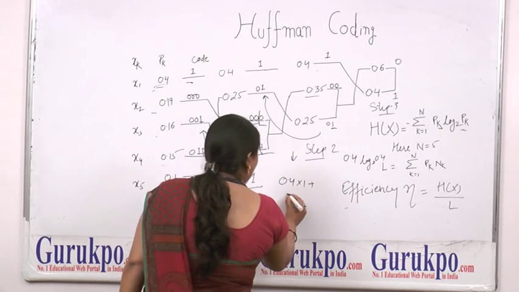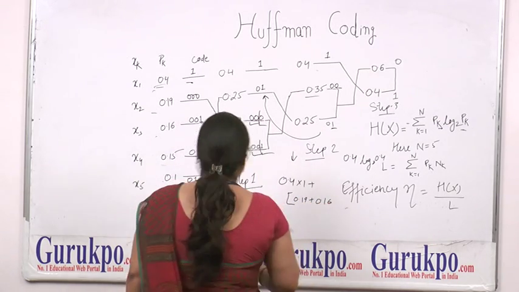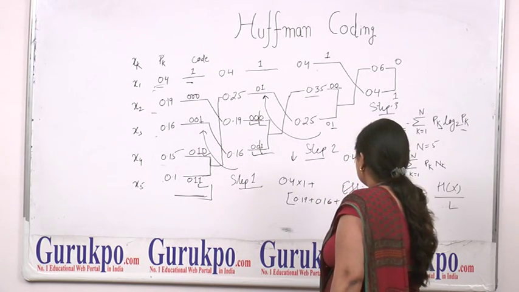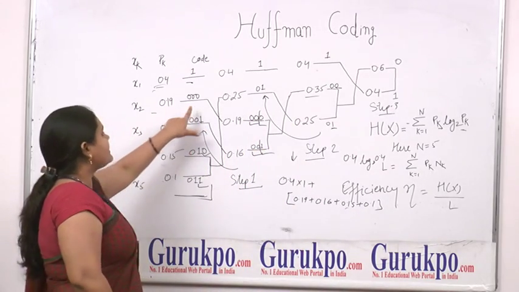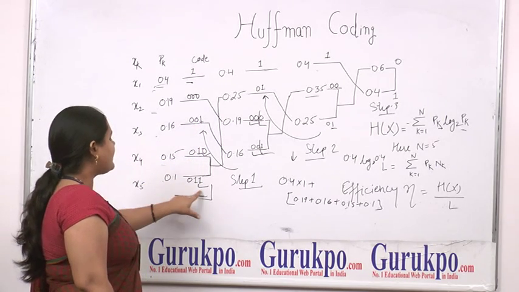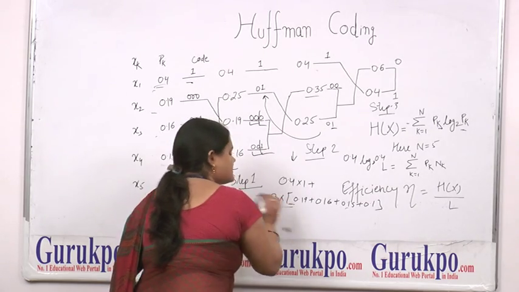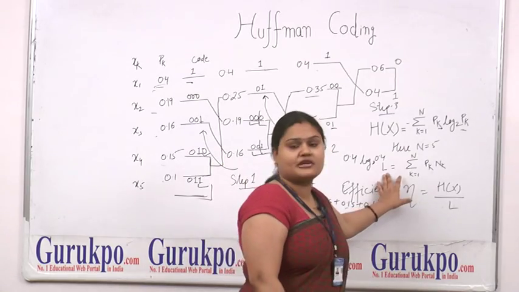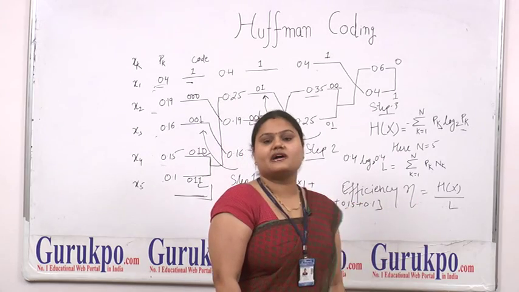We put all the values with their corresponding code lengths. Here n is the number of bits in each code, for example 1, 2, 3, and the next code is also 3 bits. We add all these products, and that is our length, denoted by L. So we calculate the efficiency, which is the ratio of entropy to length.